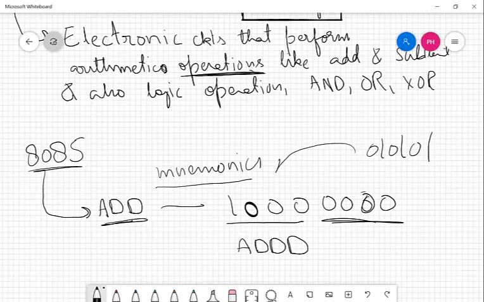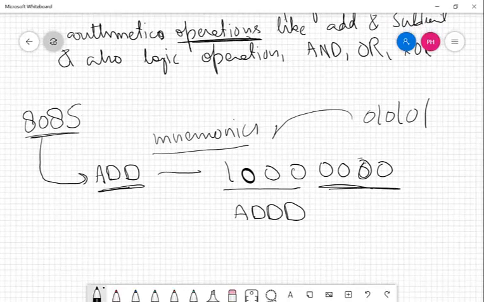So finally, when we write the program inside the memory of a microprocessor, it must be in zeros and ones. But simply to make the job easier for a programmer, we have created these mnemonics, and we call this assembly language programming. Machine language is when we write in zeros and ones.